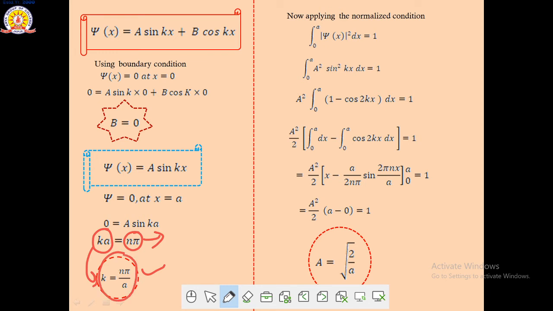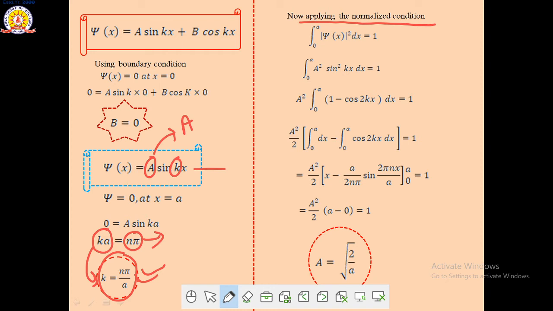So k will be n pi upon a. Okay? So in the given equation, we got that value of k, but we still didn't get the capital A. To find the value of the capital A, we have to apply the normalization condition.